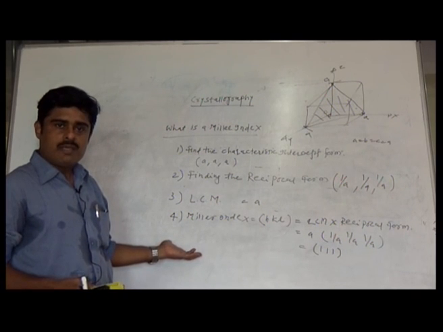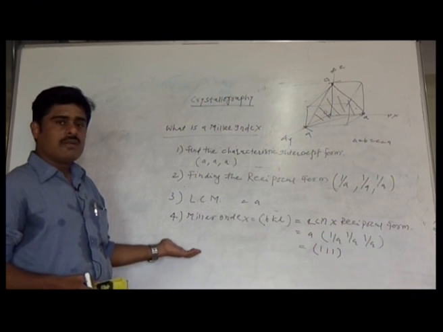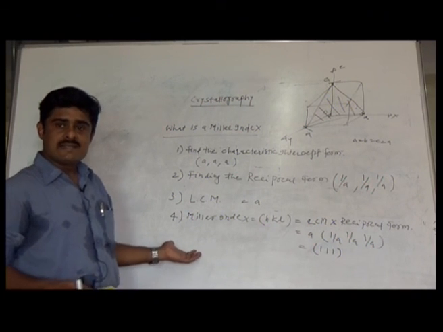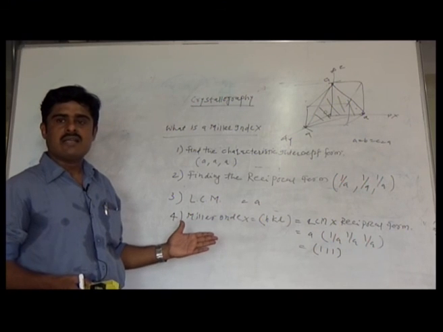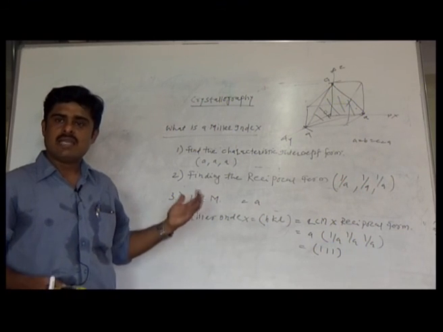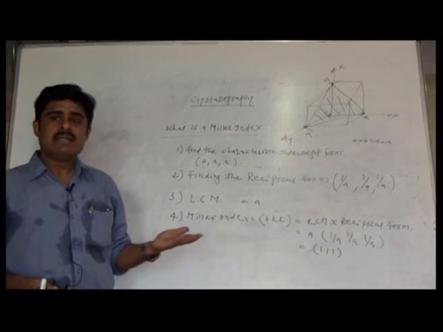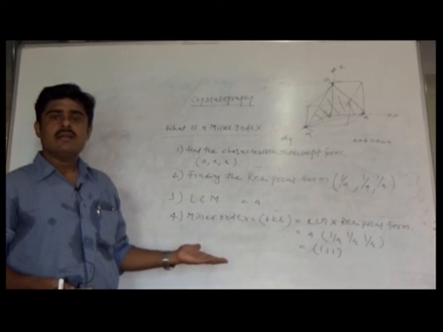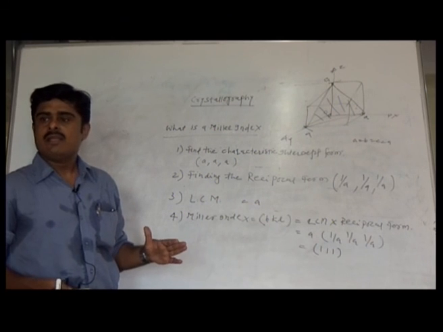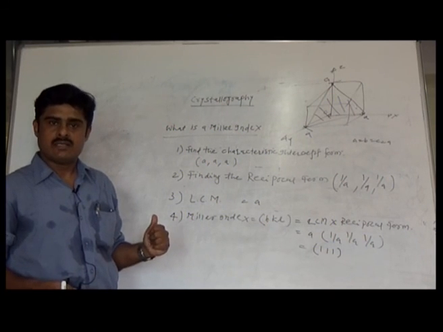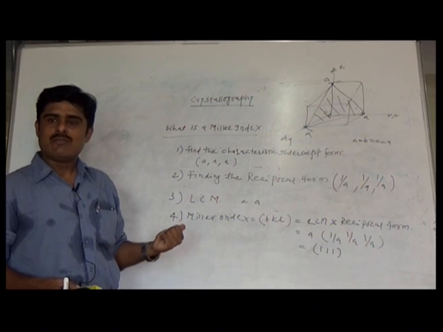I am stopping here. In the coming lecture I will be talking about the Miller indices and finding these Miller indices if the directions are negative x, negative y, negative z directions, and if a certain plane does not cut a certain direction, then what will be the status of the index associated with it. So this is the point of my focus in the coming lecture.